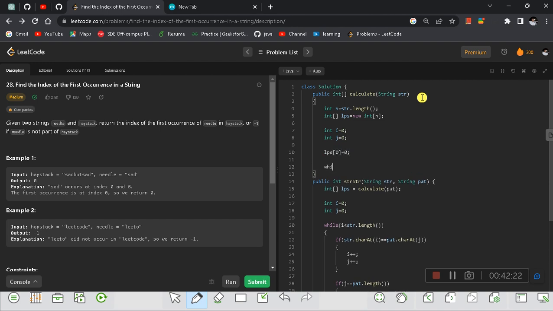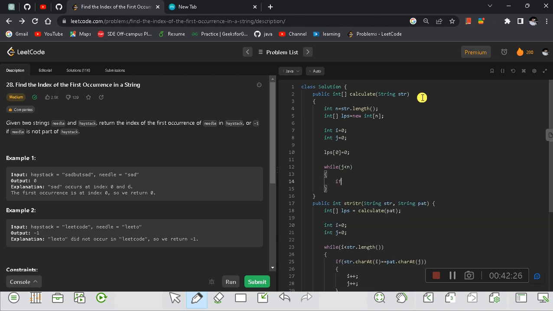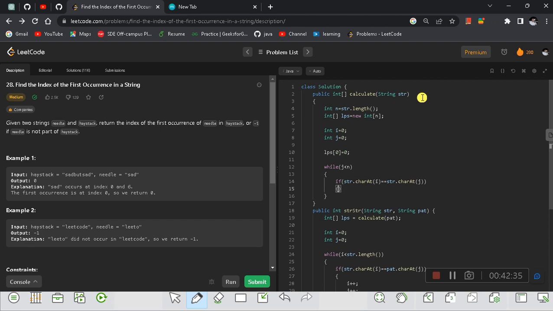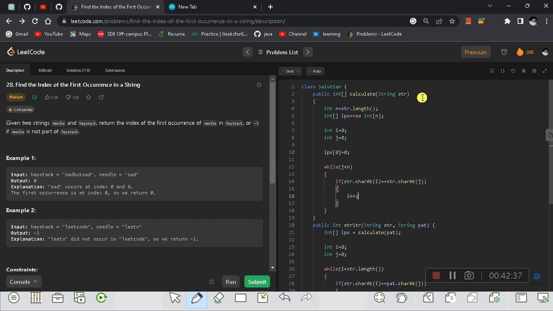While j is smaller than n, if str.charAt(i) is equal to str.charAt(j), then I do i plus plus, LPS of j equal to i, and j plus plus.